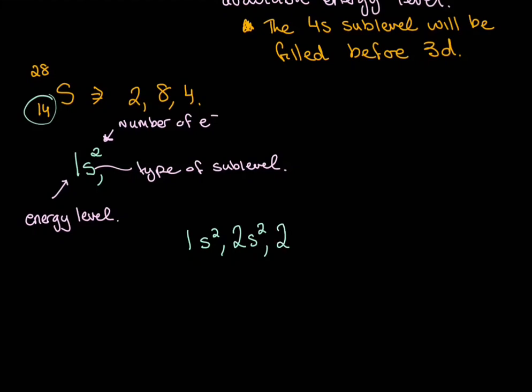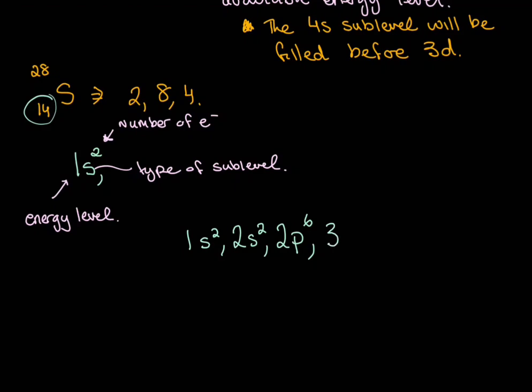What's after 2s2? So the second energy level has 2 sublevels, S and P. P. How many can fit into P? 6. Let's double count now. 2 plus 2 plus 6 is 10. So we need 4 more.